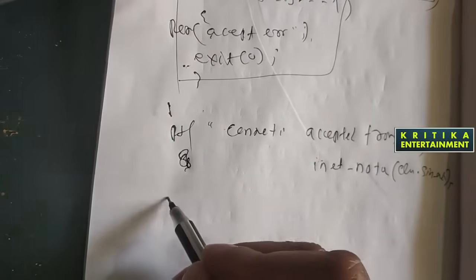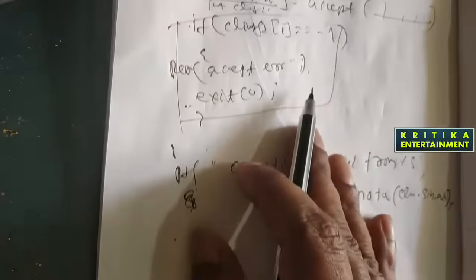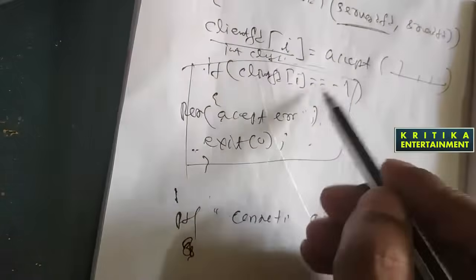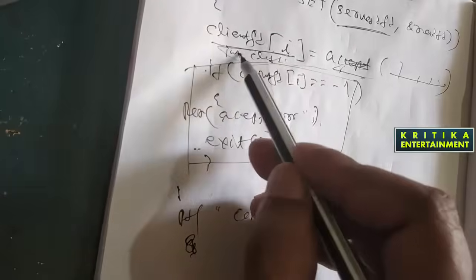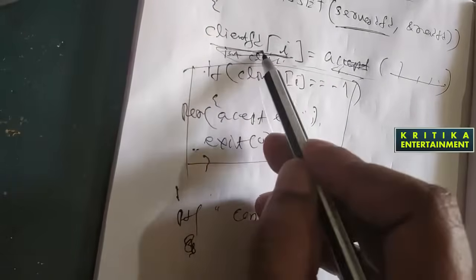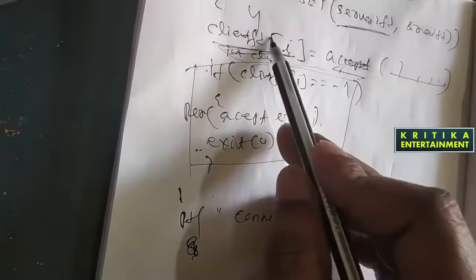Then what does accept return? The accept function returns client FD. That means it should return 4, because socket returned 3.